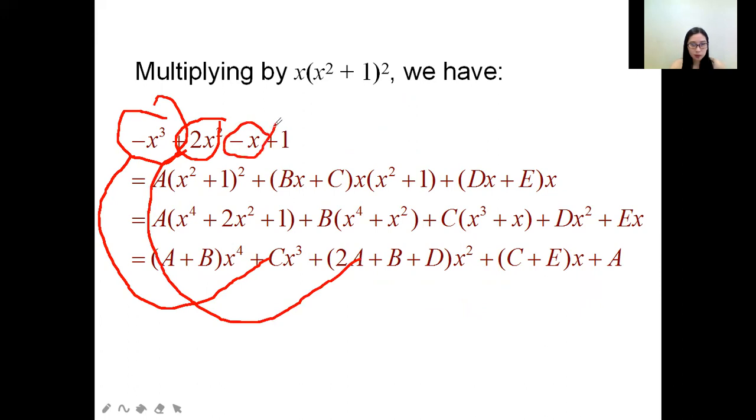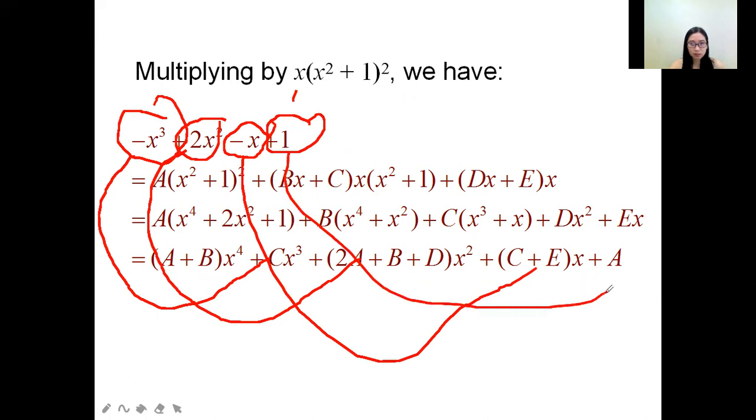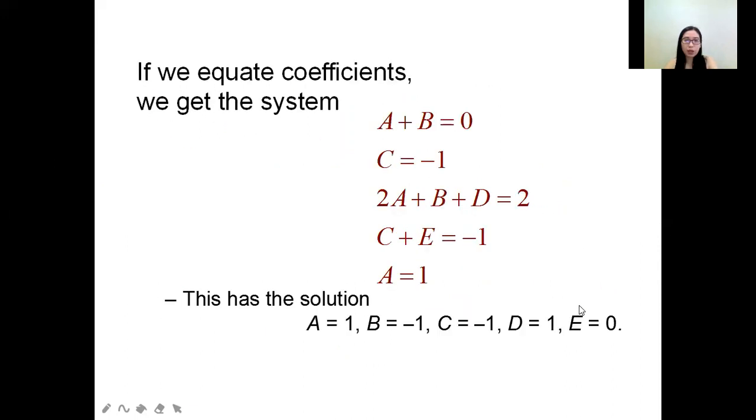Tapos negative x, dari naman siya equate, C plus E. Tapos si A dayon, equal na siya kay 1, di ba? So, if we equate the coefficients of the linear system, so we have A plus B.